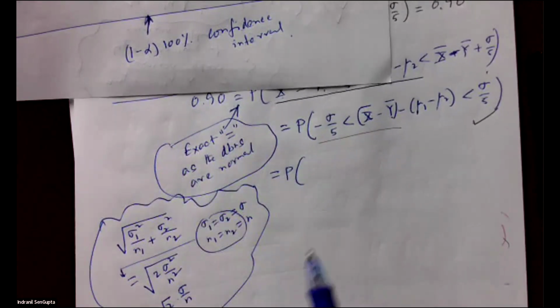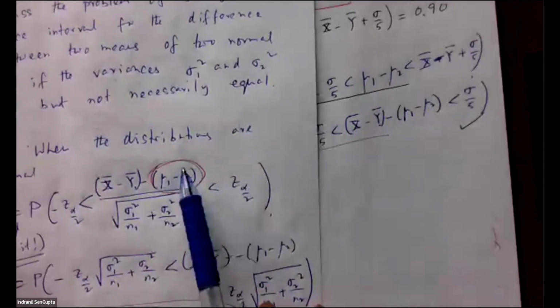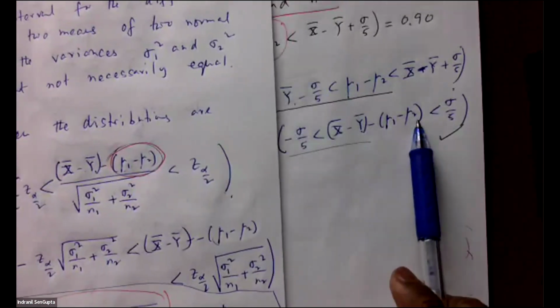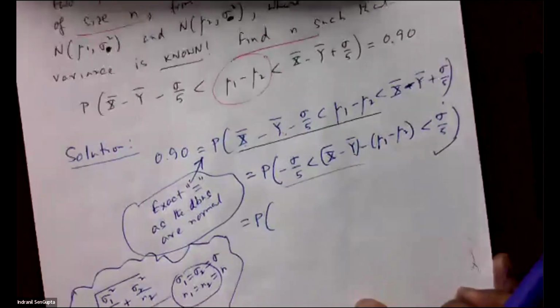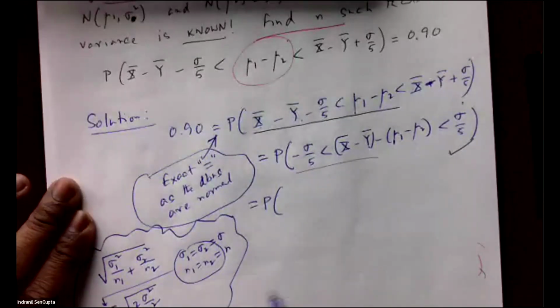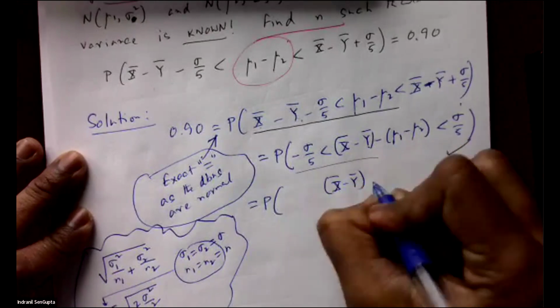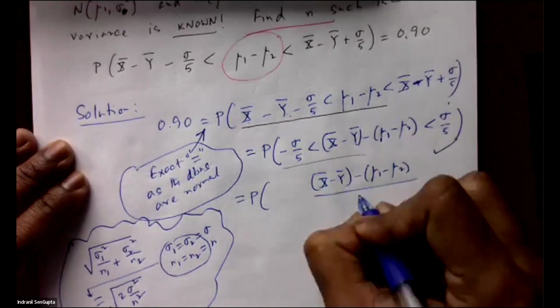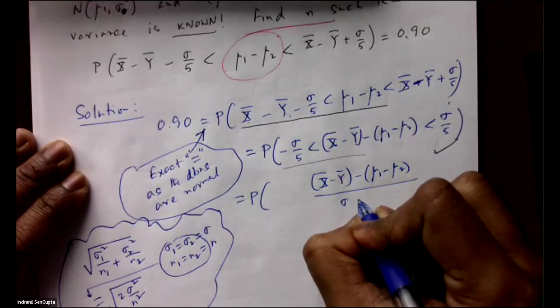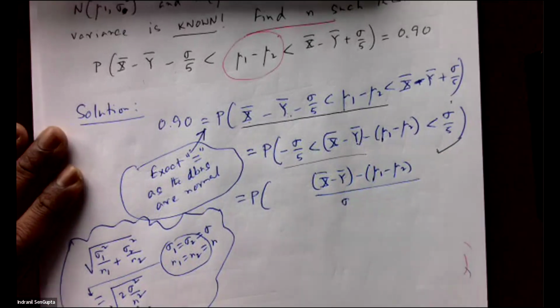Let's divide by that because I'm trying to match it with this one. I already have set up x1 minus x2, mu1 minus mu2. So let's divide by this quantity, which we found out to be sigma square root of 2 over N. So I have x bar minus y bar minus mu1 minus mu2 over sigma, sorry, there is no N squared.